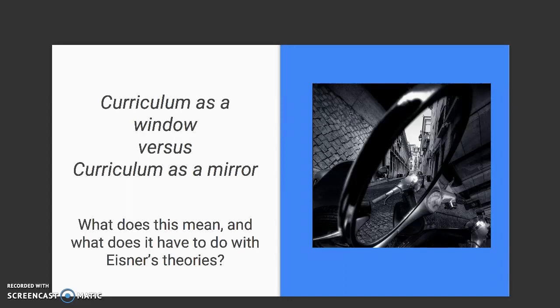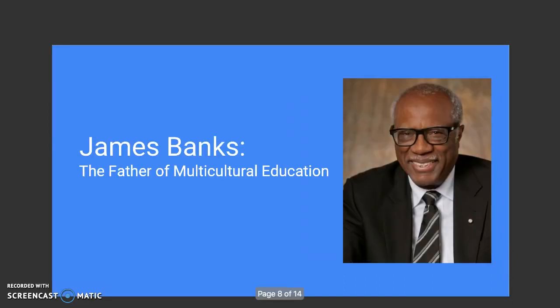But it's also important for students to be introduced to curriculum as a mirror, where their points of view are reflected in the content. So think about, is your curriculum a mirror to your students, a window, or is it a mix of both? I feel as though we need to work very intentionally toward our curriculum being a healthy balance of a window and a mirror. So think about that metaphor and what it has to do with Eisner's theories.